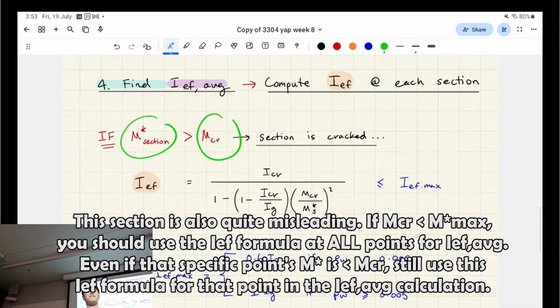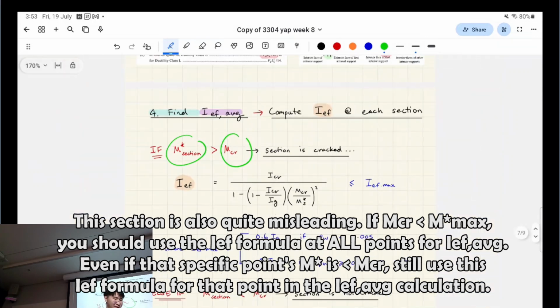So again, what is M cracked? The moment it starts cracking. Yes, true. But it's like a threshold number. So I'm going to use the bucket analogy because it's very simple. M cracked is like the size of your bucket, right? It's the volume that your bucket can hold. And if the amount of bending moment at your section is more water than what fills your bucket, your section's cracked, right?